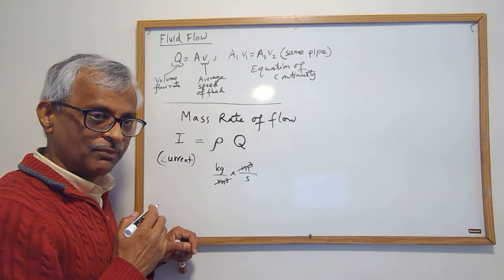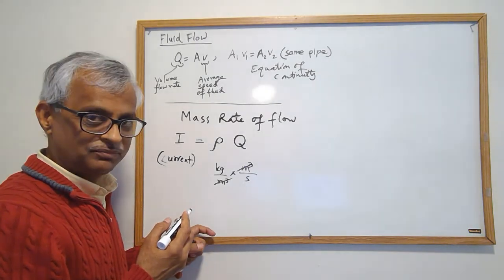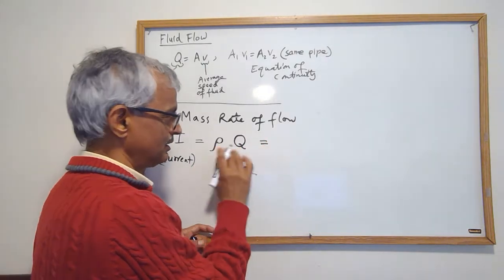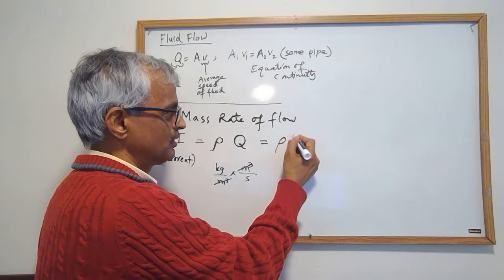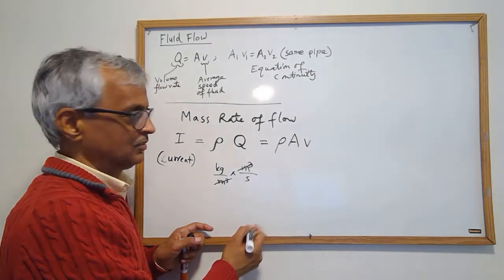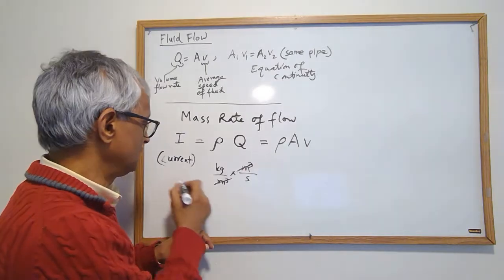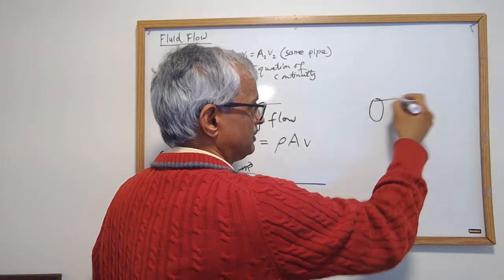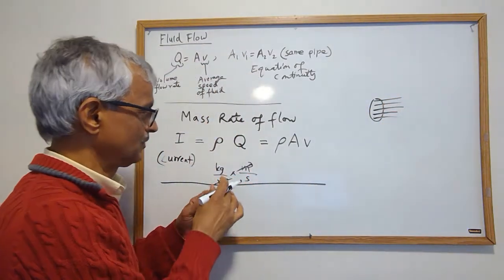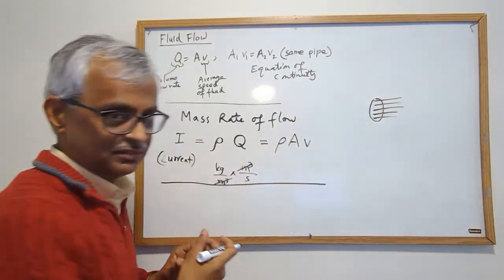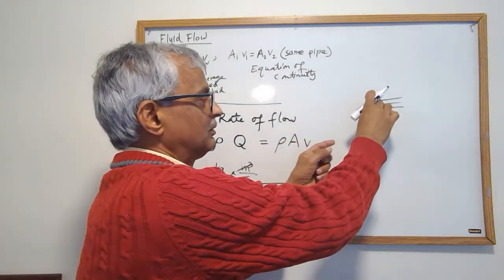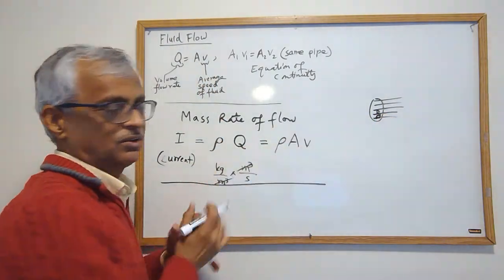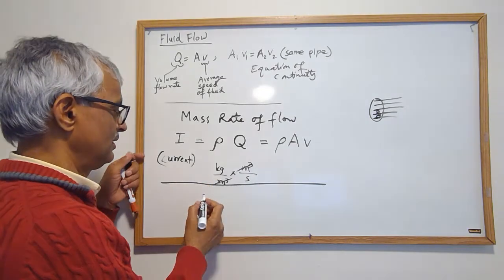Another thing that you might encounter sometime is, if I write a little bit more detail, it's going to be rho A V. So if I divide by this area of cross section, this says over the whole area, but sometimes I want to know per unit area of the cross section, and that's called current density.